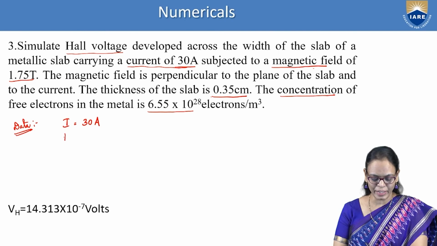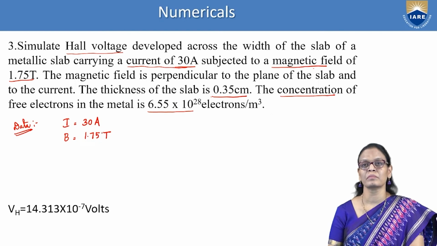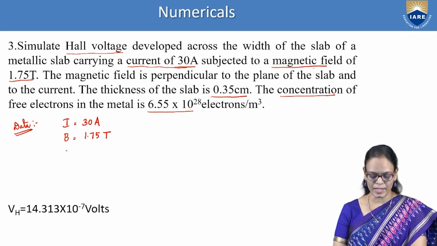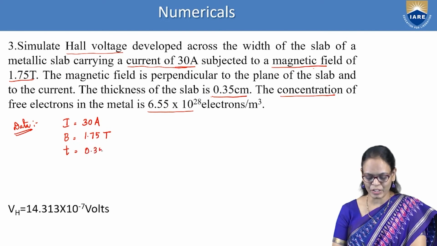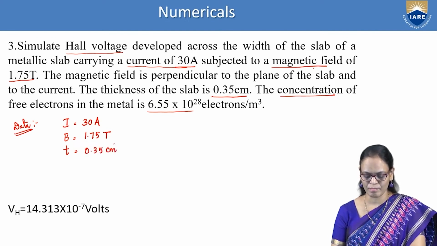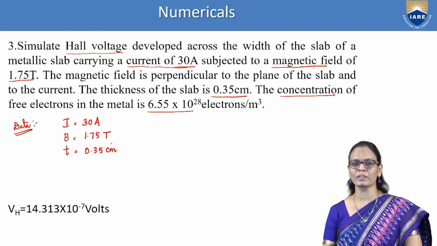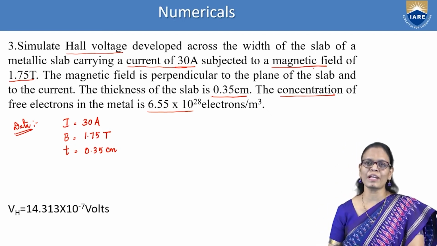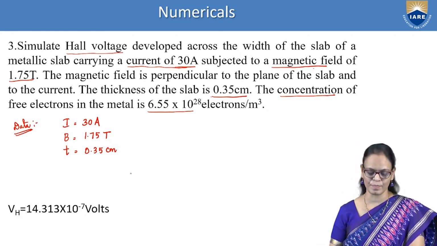And then we have the magnetic field B is equal to 1.75 Tesla. Then the thickness T is equal to 0.35 centimeter. Because we are doing the numerical, I told you we will always follow one system of units and we are following the SI system.